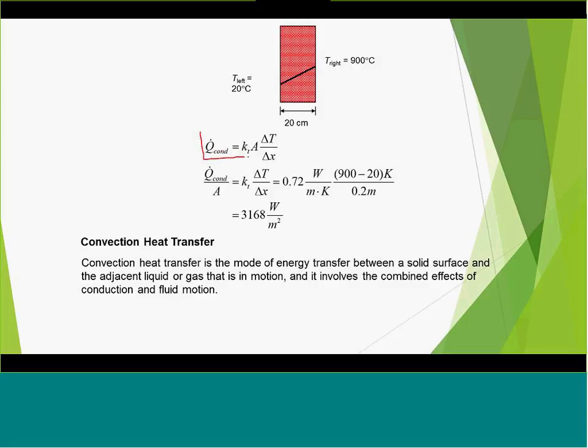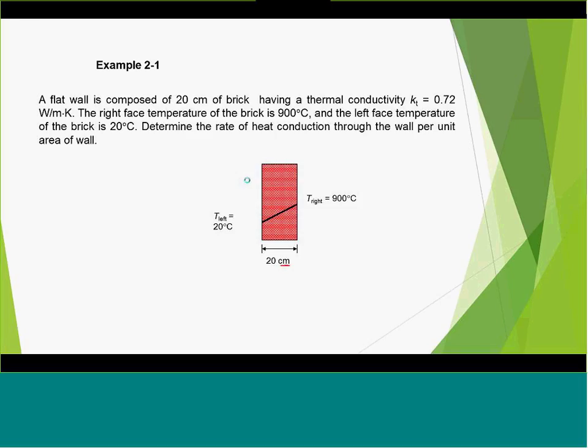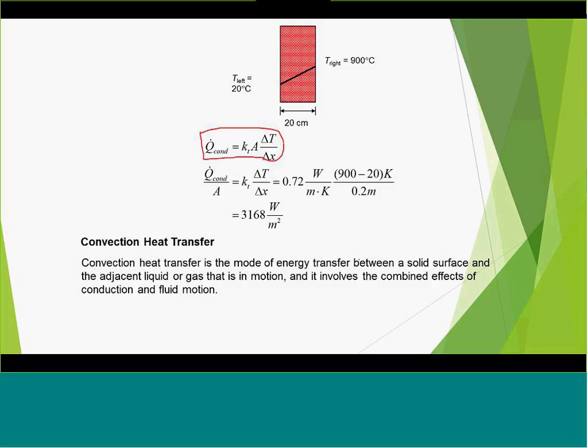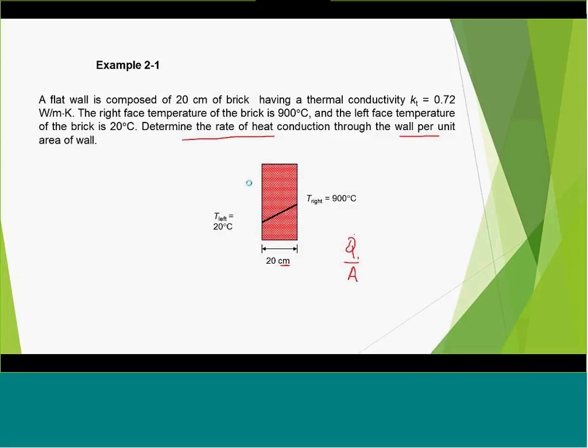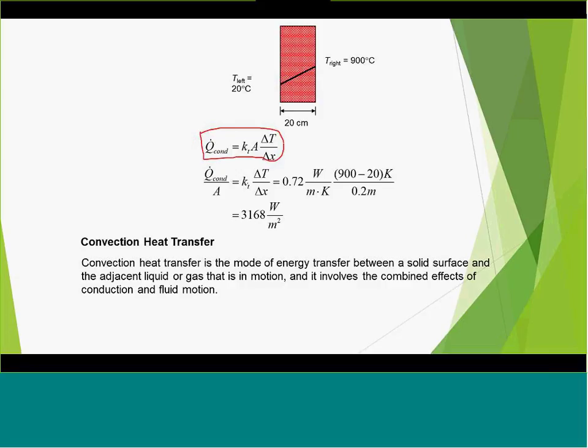Based on the integration of Fourier's law, to find the rate of heat conduction Q dot, through the wall per unit area, you're going to have Q dot over A. Basically delta T is 900 minus 20, thermal conductivity is 0.72, and you have delta X of 0.2 meter. So basically the rate is around 3168.